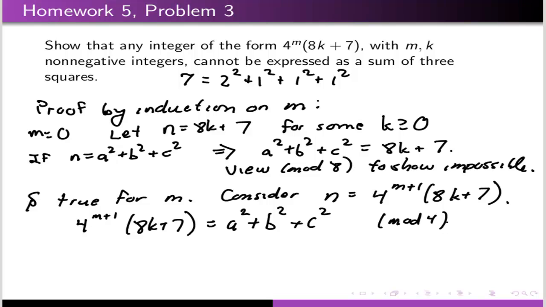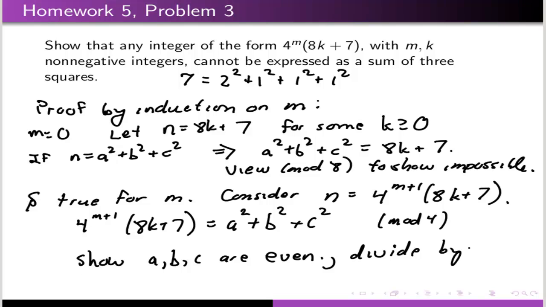So show a, b, c are all even, and then divide both sides by 4, etc. I'll let you bring in the inductive hypothesis.